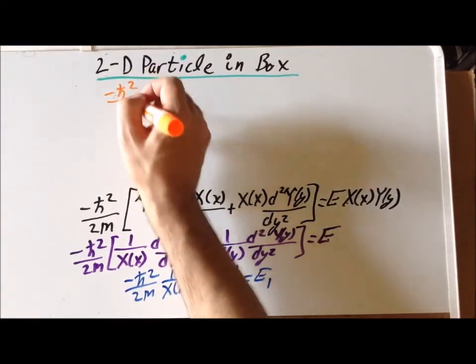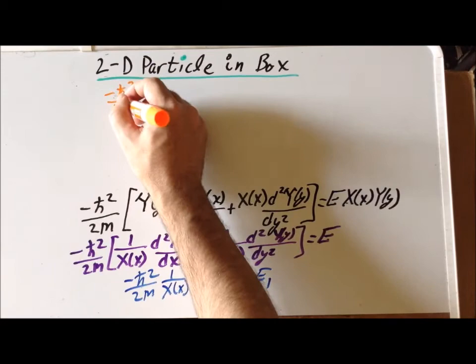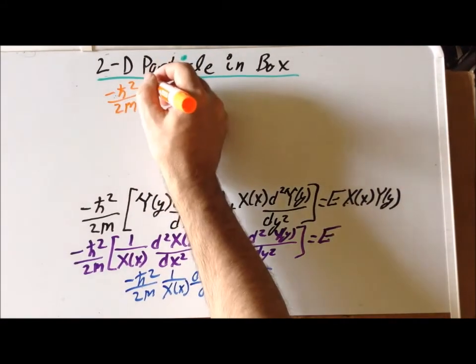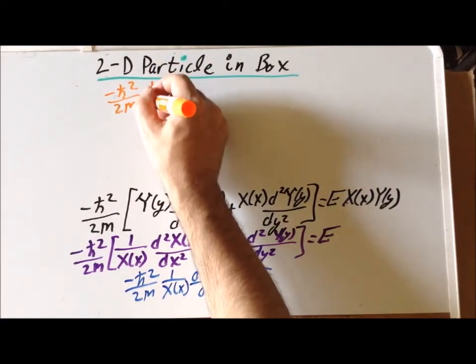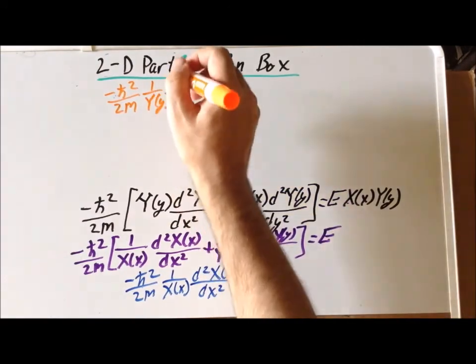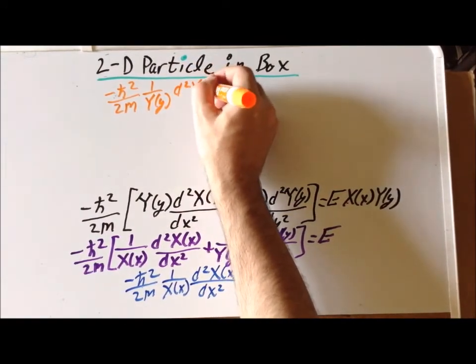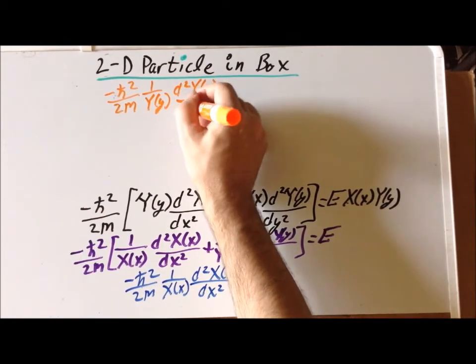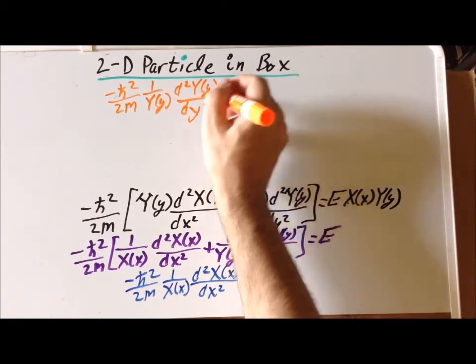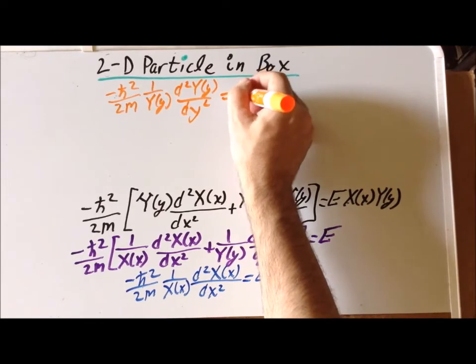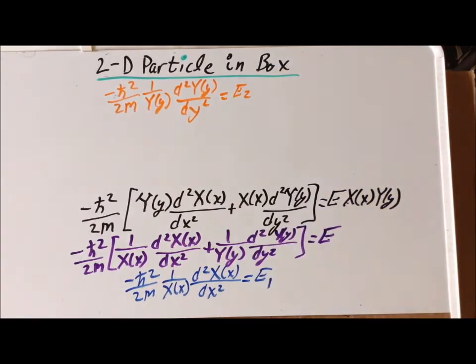So we have minus h bar squared over 2m times 1 over big Y of y times the second derivative of big Y of y, and again this is going to be equal to a constant which we're going to call E2.